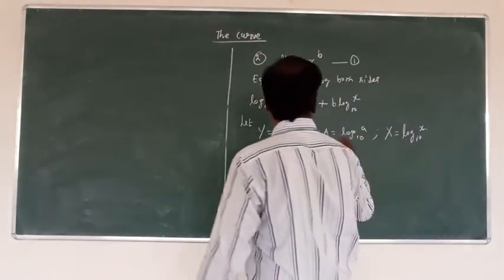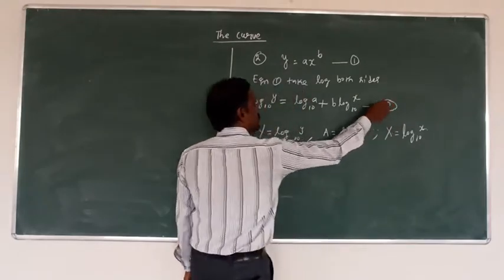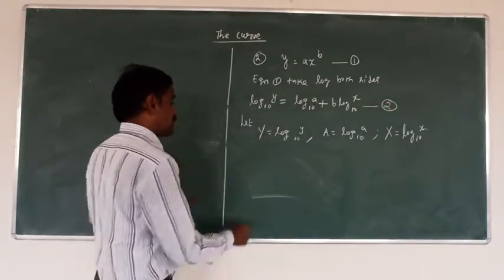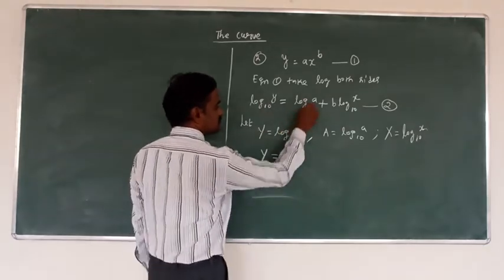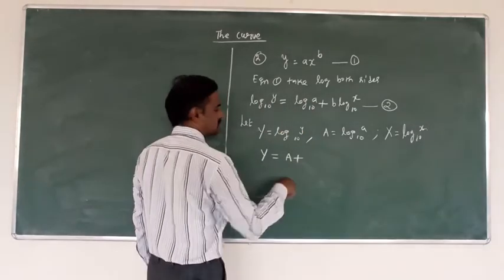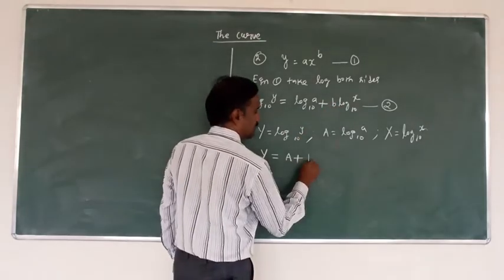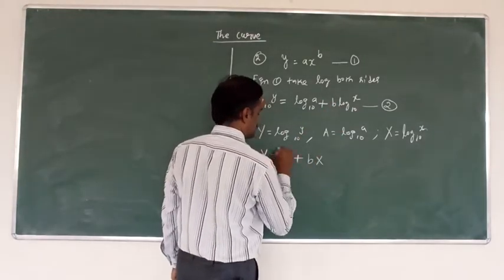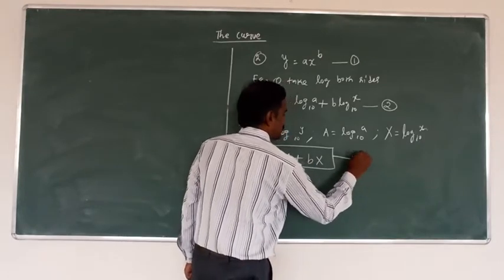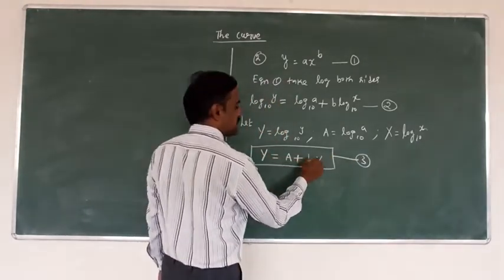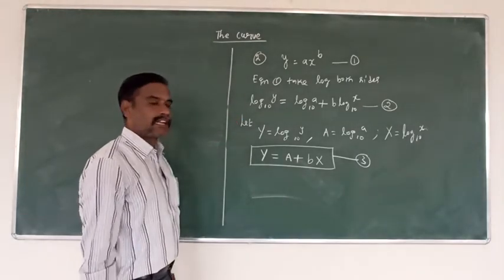This value substitute in equation 2. This is to consider as capital Y equal to, this is for capital A plus small b, and this is for capital X. This is the equation number 3. This is for y equal to a plus bx format, the straight line format.